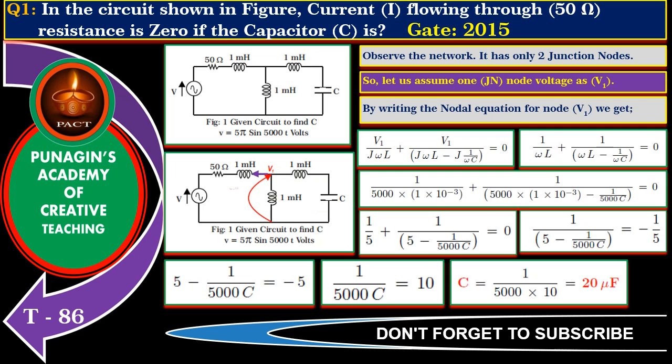Note, current through 50 ohm resistance branch is 0. From the equation, we get 1 divided by omega L plus 1 divided by omega L minus 1 upon omega C is equal to 0. By substituting for omega and L and solving for C, we get C is equal to 20 microfarads.